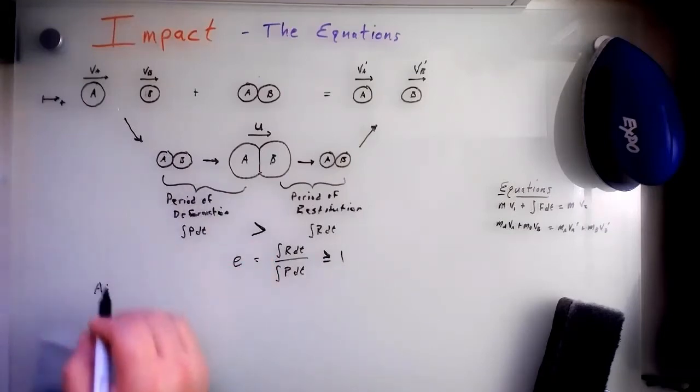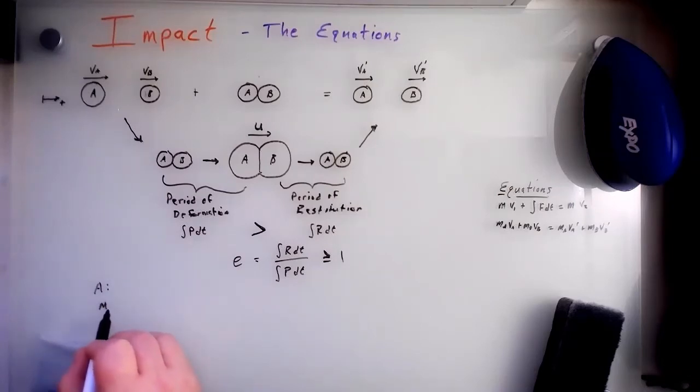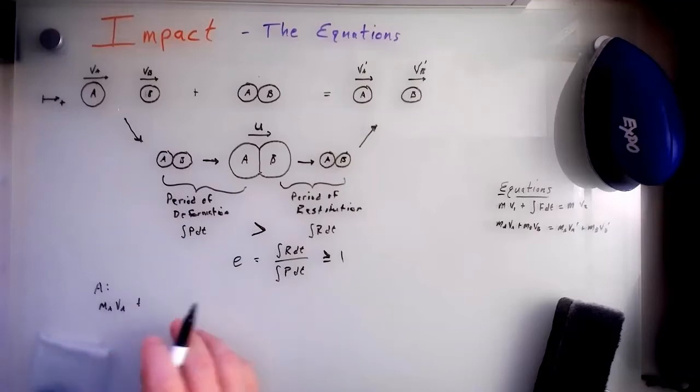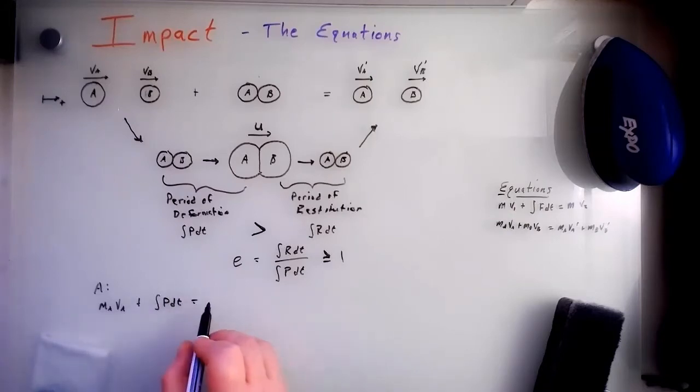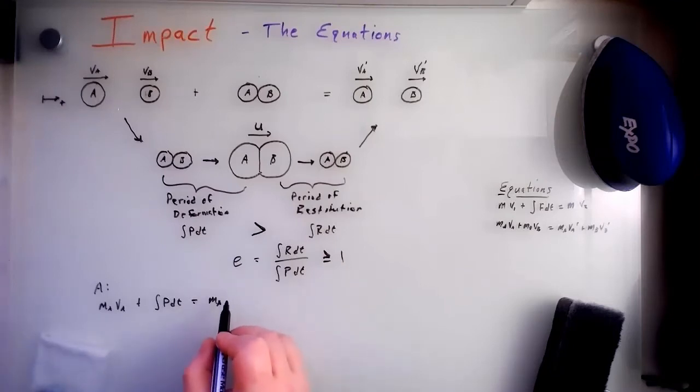So we have MA VA plus the integral of P dt, and that's going to equal MA U.